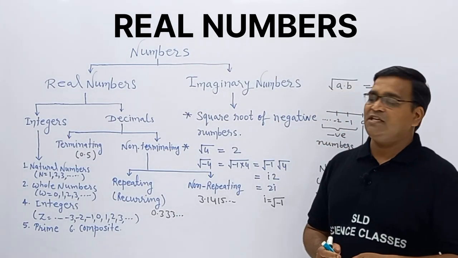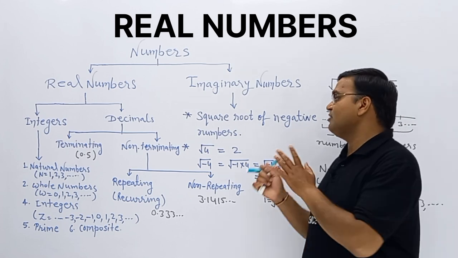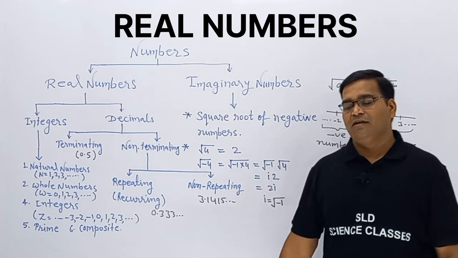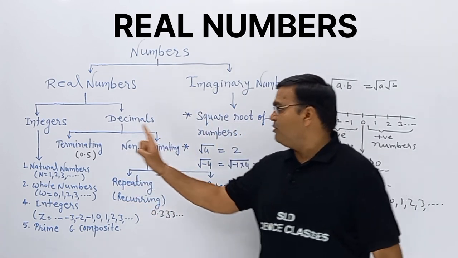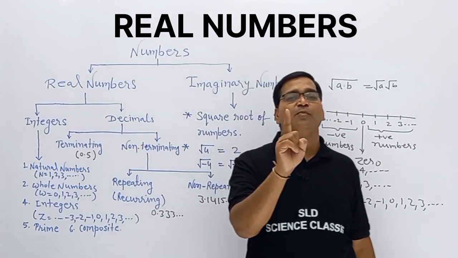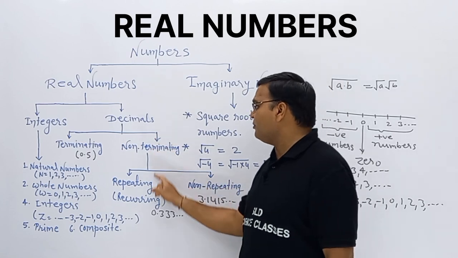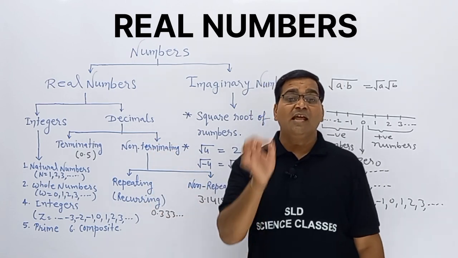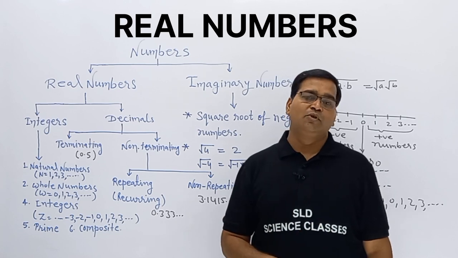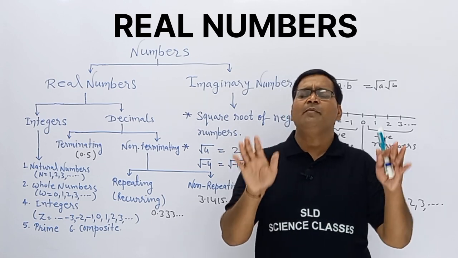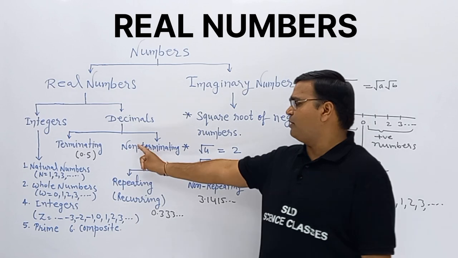are two types, either terminating and second one is non-terminating. In the terminating decimal numbers we are getting remainder equal to 0, but in non-terminating we never get remainder equal to 0. कभी भी हमें रिमाइंडर जीरो नहीं मिलेगा, नॉन टर्मिनेटिंग के अंदर.